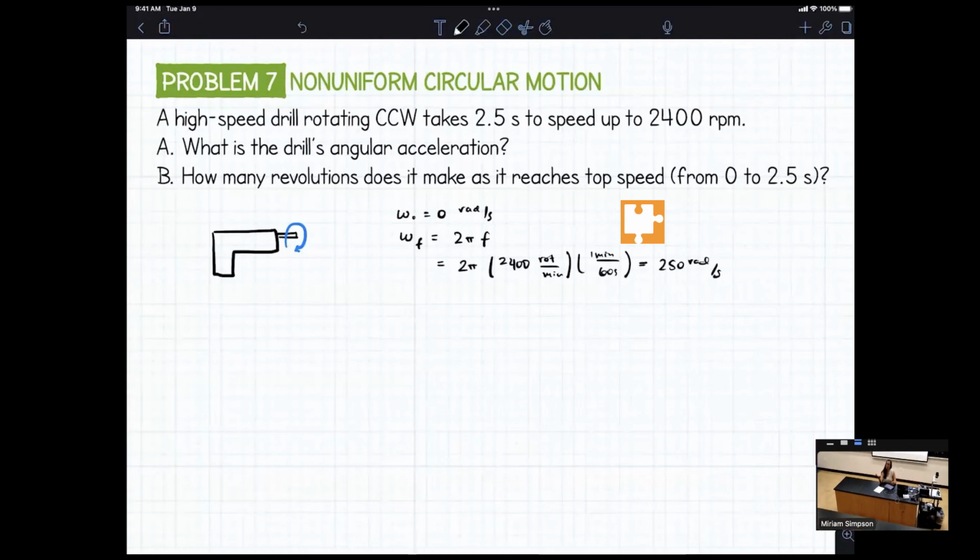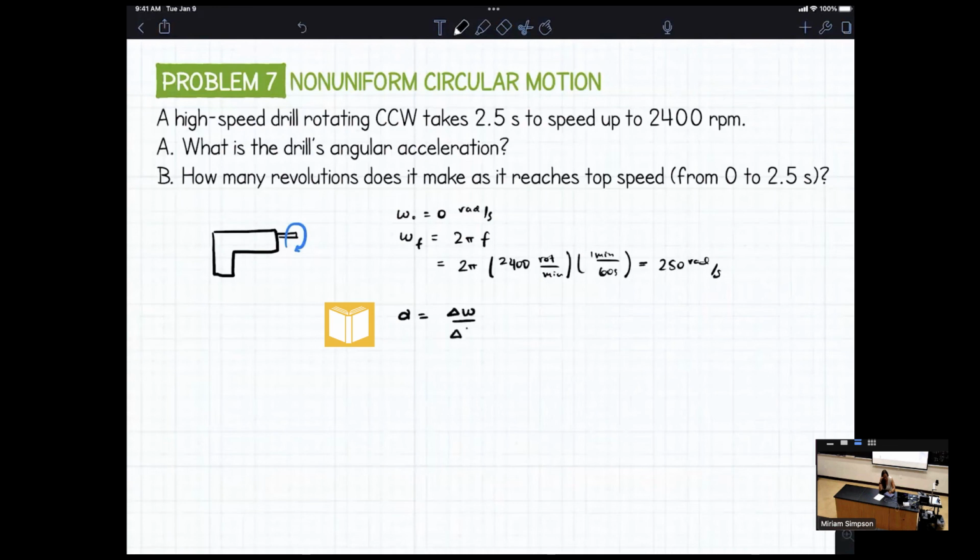If we assume, which this question doesn't say, but I don't know any other way you would do this, that this is going to be a constant angular acceleration, you can define your angular acceleration as delta omega over delta t. So that would be omega final minus omega initial over this time, delta t. Okay, so that's going to be 250 radians per second over 2.5 seconds.